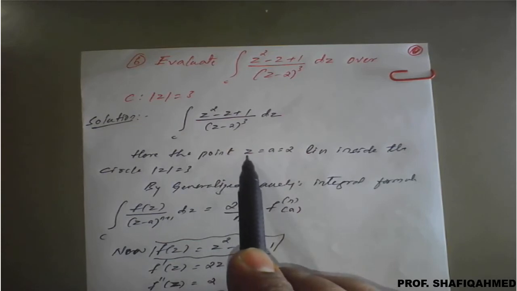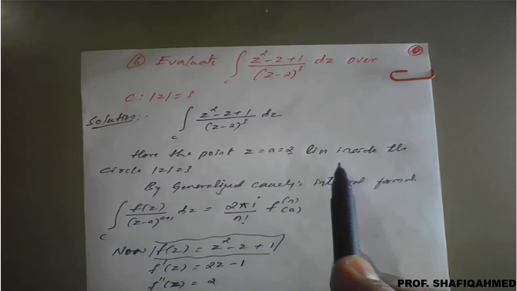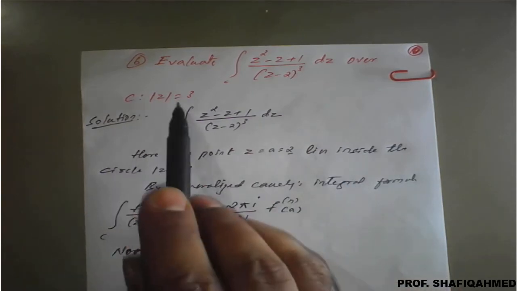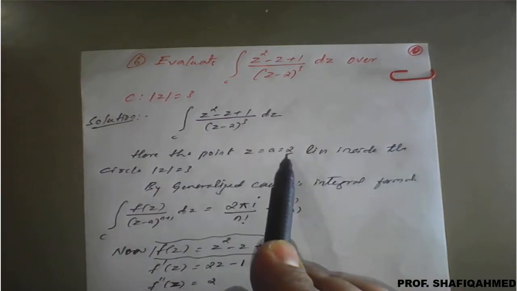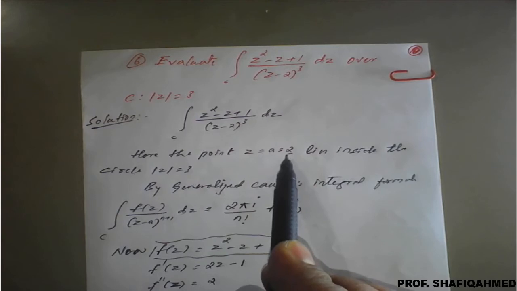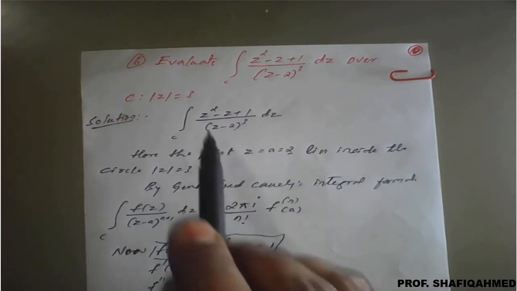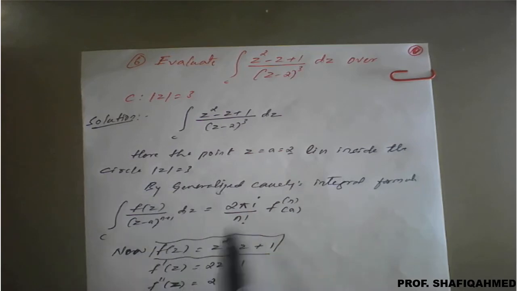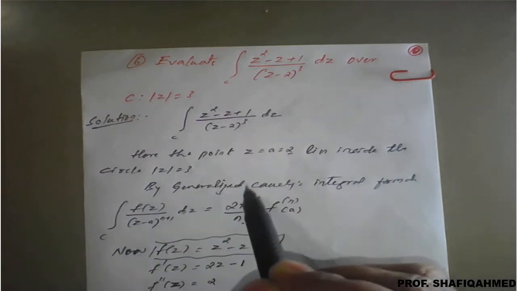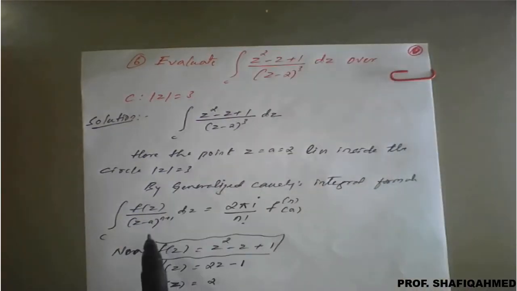Therefore z is equal to a is equal to 2 lies inside the circle, because if radius is 3, the value 2 will be inside 3. So at that time we can apply Cauchy integral formula, but here we'll apply generalized Cauchy's because of power 3.